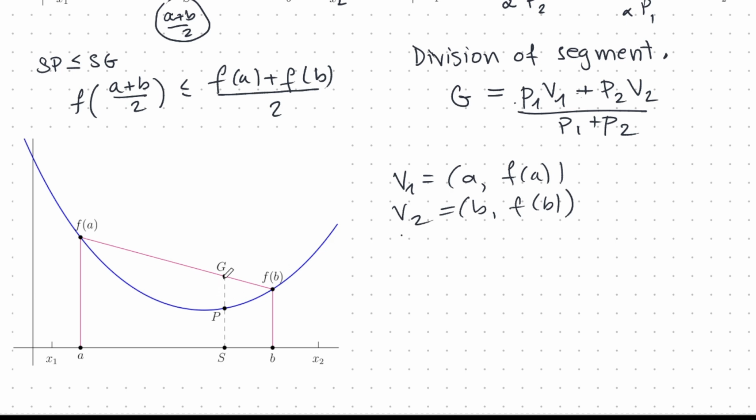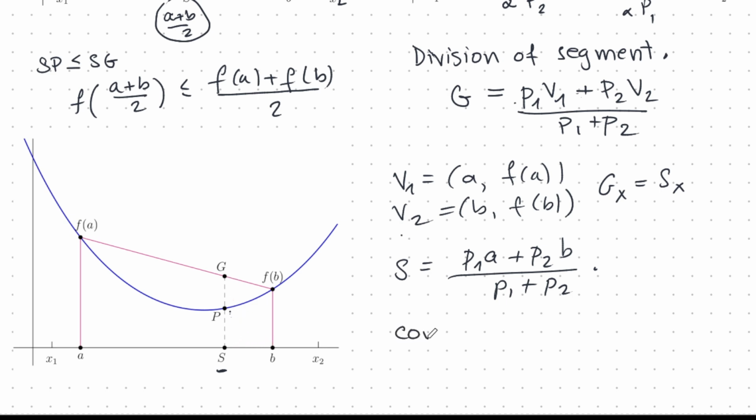So if I project downwards onto the x-axis, I see that the x component of G is the same as the x component of S. And so this is going to mean that S equals (P1 A plus P2 B) over (P1 plus P2), like so. Okay, and the y component, well, we can determine that from here. We can get the y component of P and G if we need it.